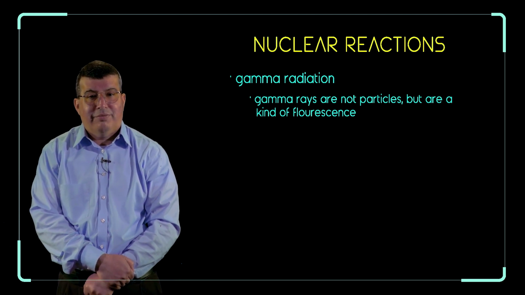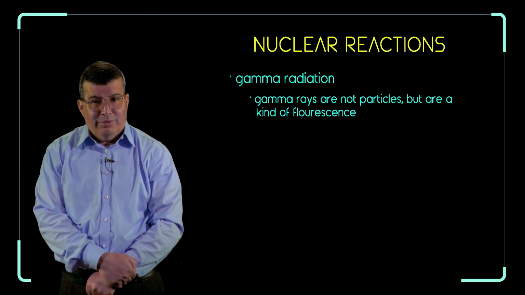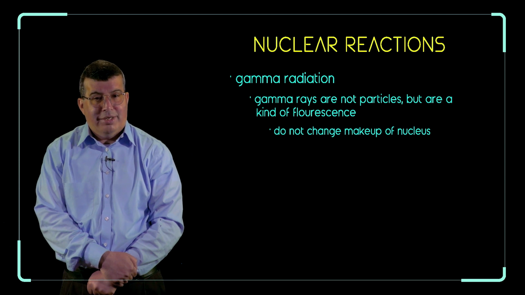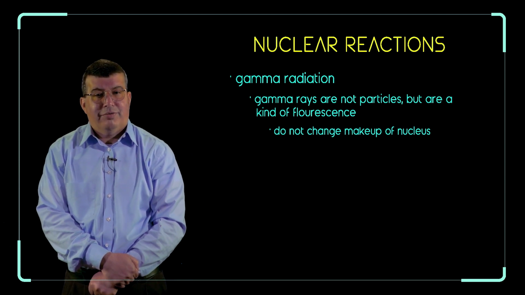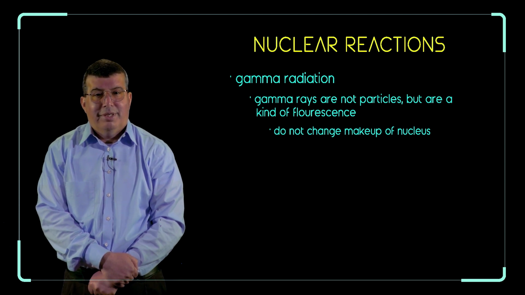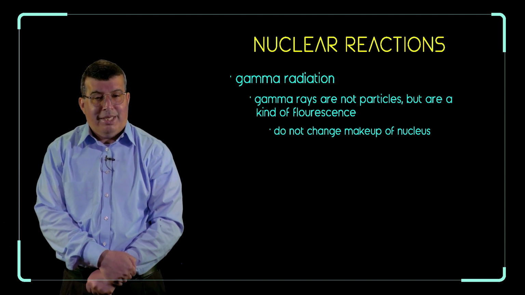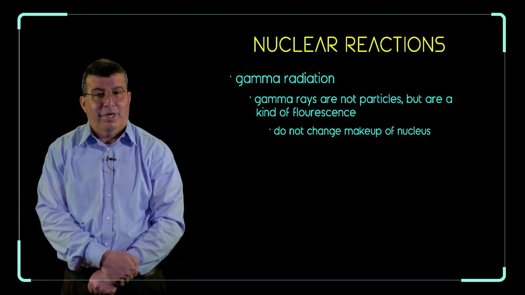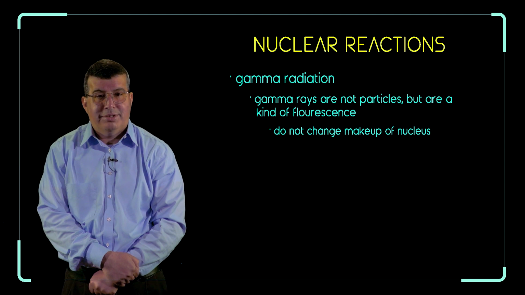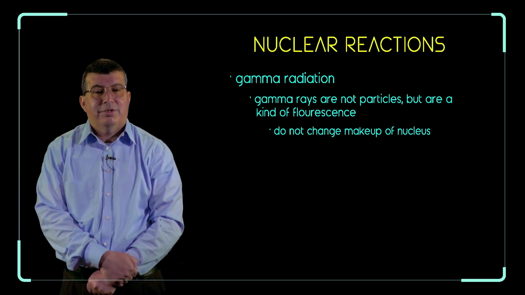And the important thing for this unit is that that does not change the makeup of the nucleus, because gamma rays are not nucleons and they don't have charge, so they do not change the nucleus. So if a uranium-233 nucleus gives off a gamma ray, it remains a uranium-233 nucleus. So gamma rays are not any kind of particle, they're not nucleons, and they don't have charge, so they do not change the nucleus.